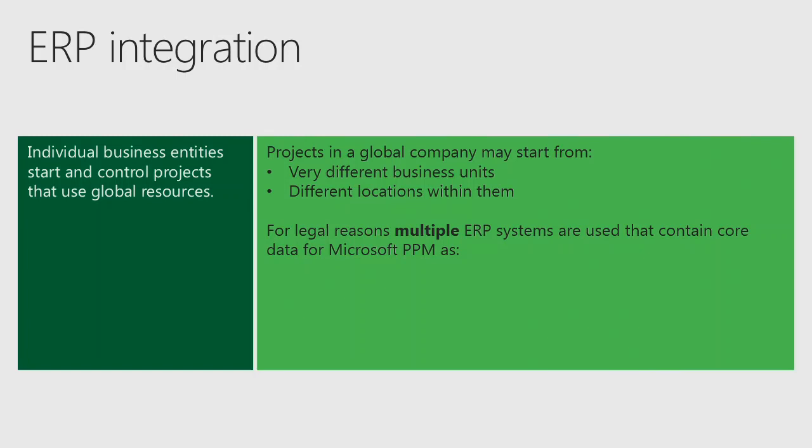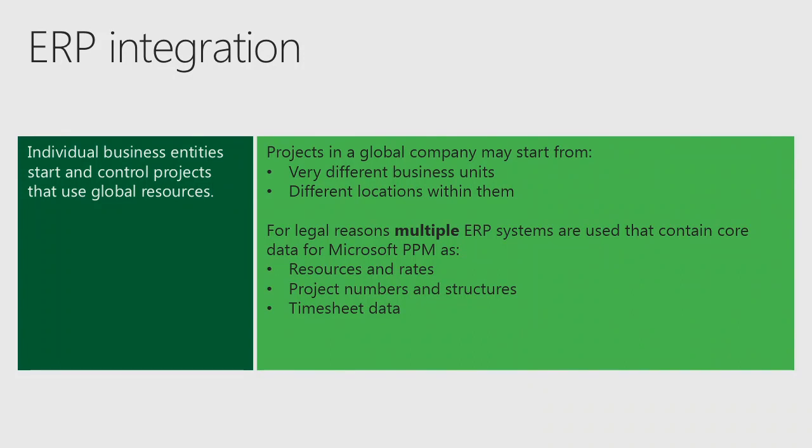For legal reasons, in many, many of our customers, multiple ERP systems are used that contain core data for Microsoft Project. And core data usually means we get some resource information, we get cost center information, we might receive some rates from them, maybe project numbers, master data, and some structures. Again, I'm not going to talk about this in too much detail, but the whole point here is, if you think about your global setup, usually you not only have a single central ERP system, but you are historically grown.